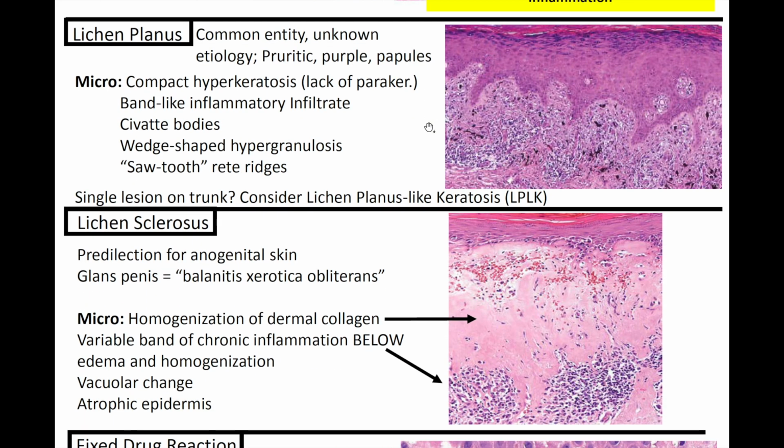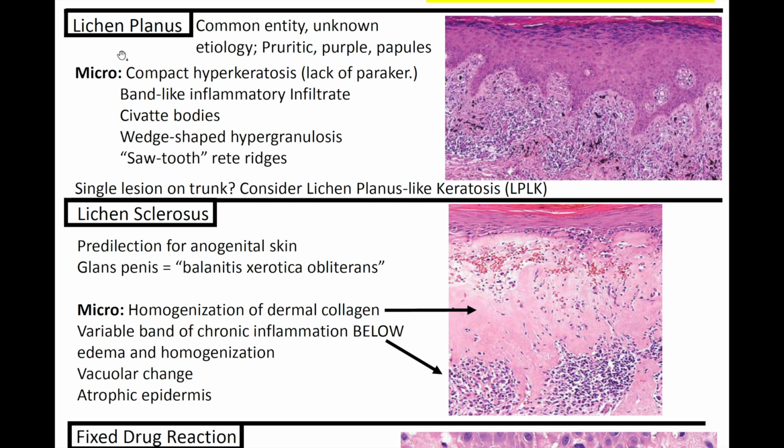Next up, a few classic entities. Lichen planus, common entity of unknown etiology. In lichen planus, you can remember the P's, so you got pruritic, purple, and papules. Microscopically, you have this compact hyperkeratosis, lack of parakeratosis, the lichenoid band-like inflammatory infiltrate.